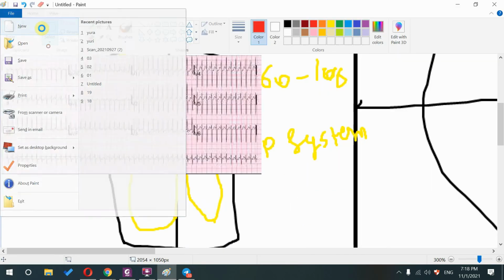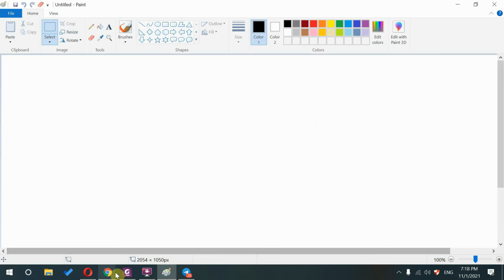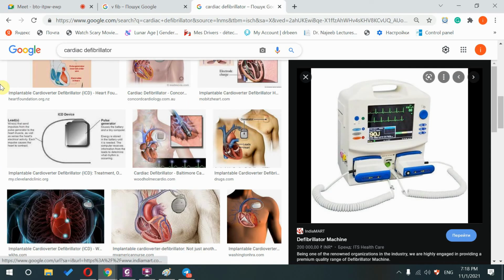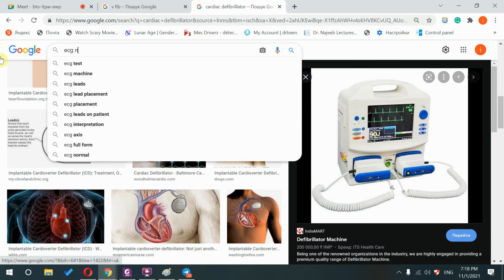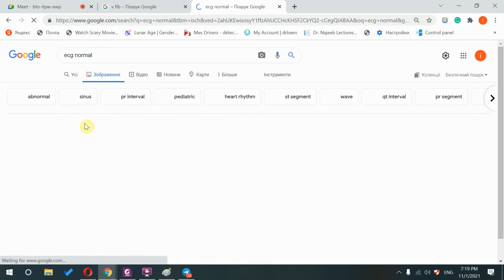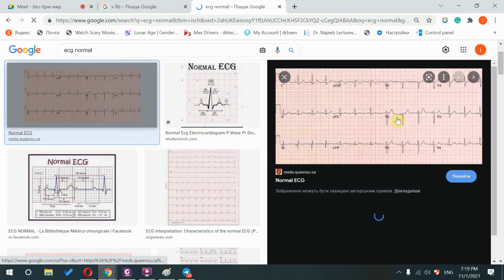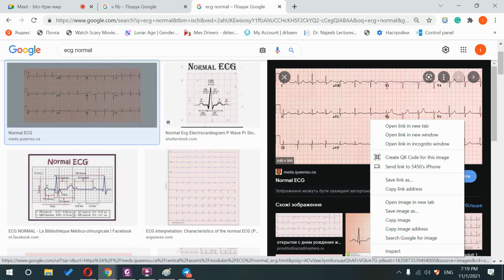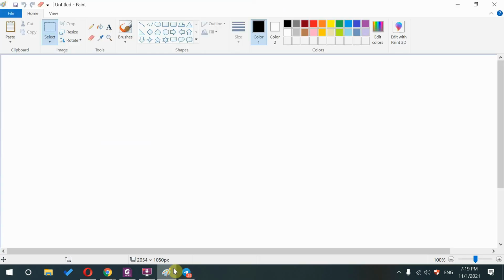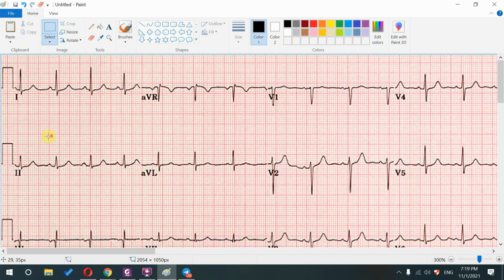Number one. The first thing you do when you look at an ECG, let's grab a normal ECG. Yes, so this is a normal ECG. You put it in front of yourself. The number one thing you need to check is that in aVR, the P wave, the QRS complex, and the T wave are all negative.